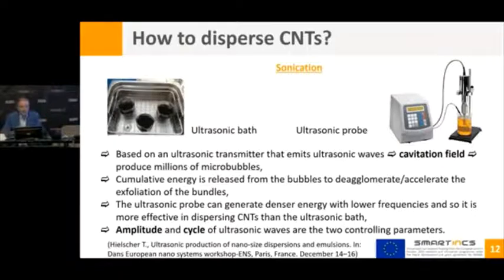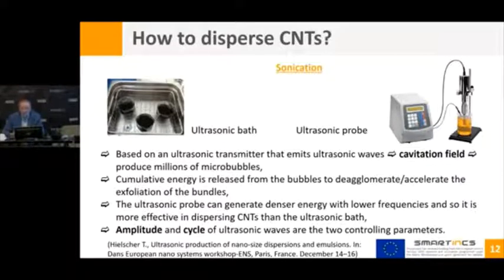So how does sonication work? Well, in fact, it is based on a piezoresistive material that emits ultrasonic waves. And during the formation of these waves that are traveling into the liquid, there will be a cavitation field that will be created.